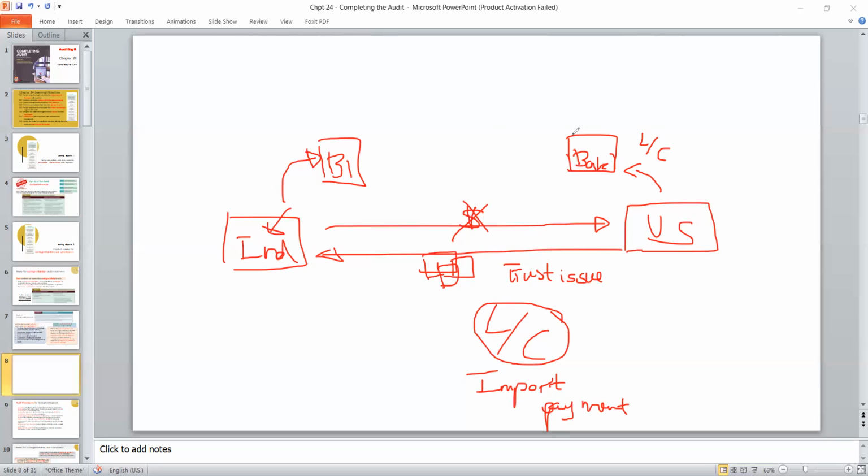And this bank will give the LC for confirmation and verification to another bank. This LC will be verified, and this bank will tell the bank in Indonesia about this LC.